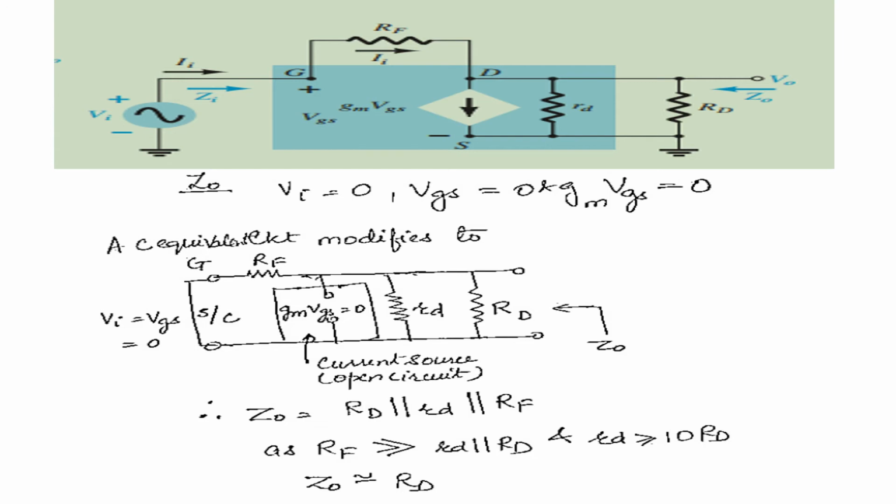So gm Vgs is a current source, so that's why we have to open circuit. I have drawn the equivalent AC circuit at the output terminal. So if the input voltage source is 0, we short it, and if the current source is there, we open circuit that. So that is shown here.